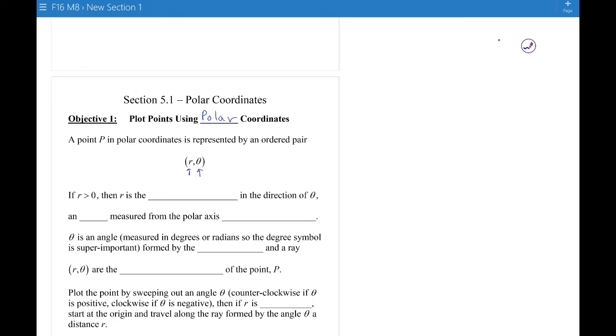So if r is greater than 0, then r is the distance from the pole in the direction of θ.